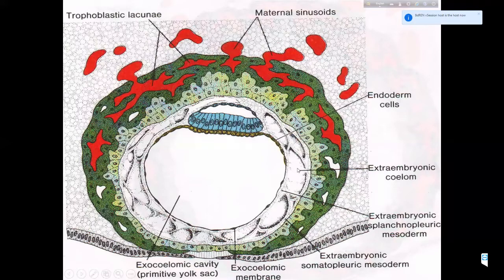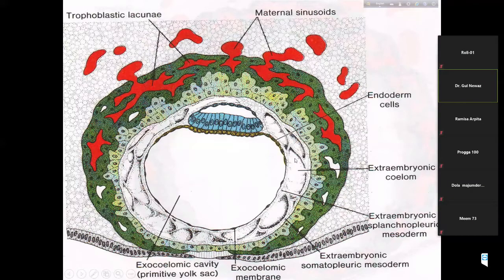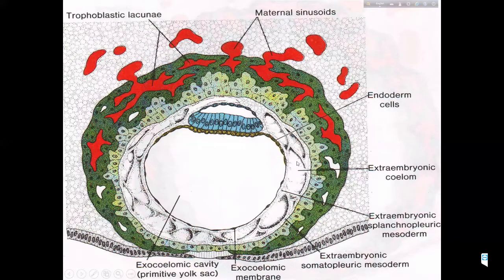Vacuoles means cavities. Suppose here, here, here, and the vacuoles fuse. The vacuoles coalesce and form a huge cavity. We call it the extraembryonic cavity, or the chorionic cavity.